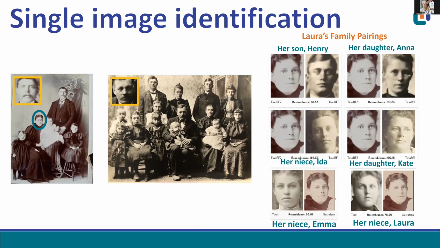But what really helped us to definitively determine this is a photo of Eleanor is the pairing she made with other people in my family. She paired with 3 of Eleanor's children, Anna, Kate, and my great-grandfather, Henry Jr. But the thing that really sealed our belief that this is the only known photo of Eleonora is that she makes pairings with 3 of the daughters of her sister and her husband, her nieces, Ida, Emma, and Laura.